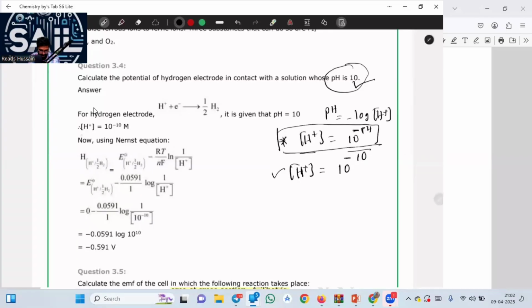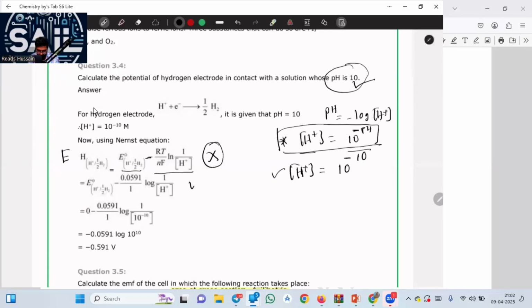The Nernst equation is this: electrode potential of hydrogen is equal to standard electrode potential of hydrogen minus RT by NF ln 1 by H plus ion concentration. You need not worry, you need not remember this, just apply this formula.